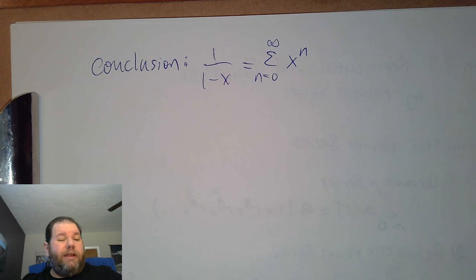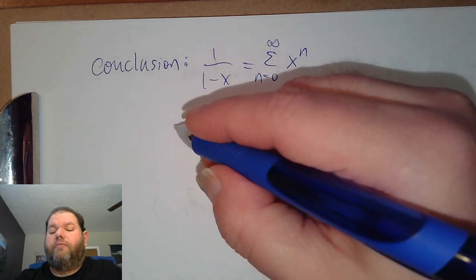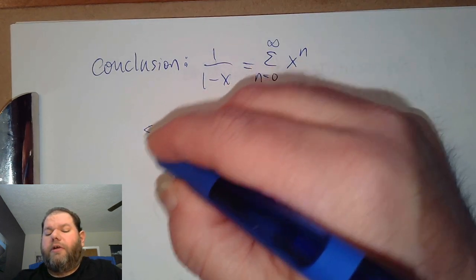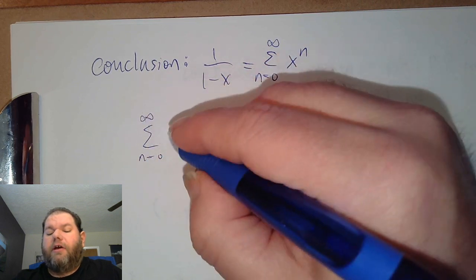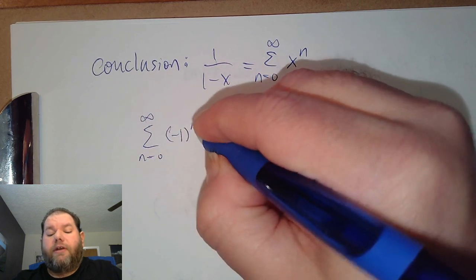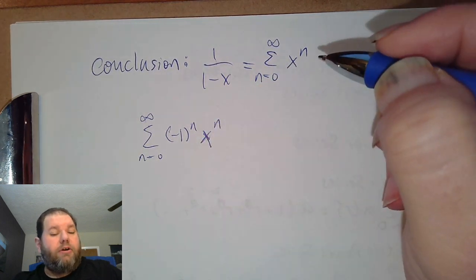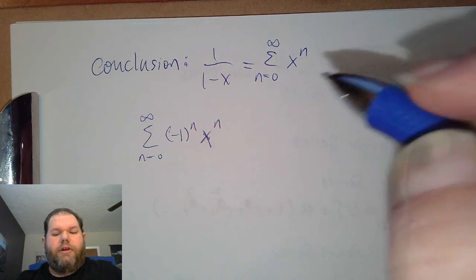Now, related to that, we have the sum from n equals 0 to infinity of negative 1 to the n times x to the n. The question is, how does this being an alternating series alter the outcome?